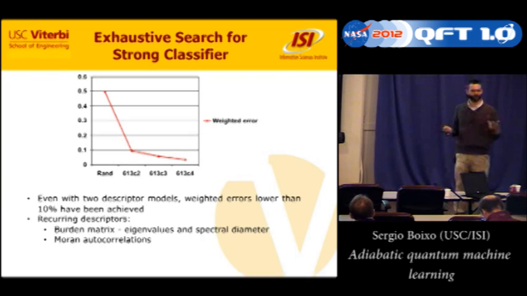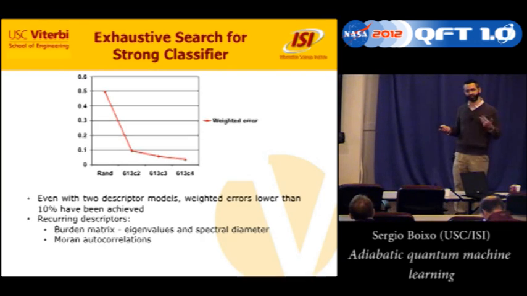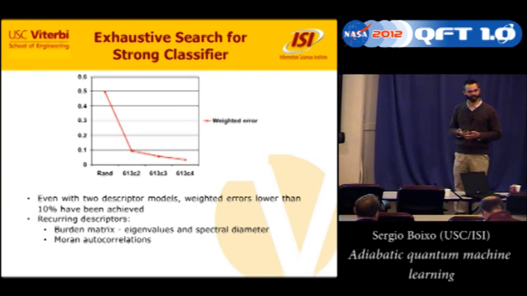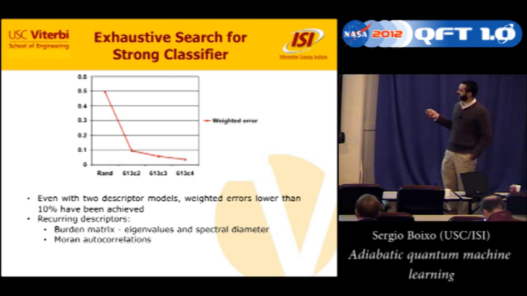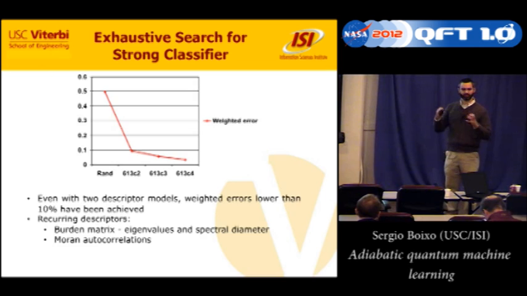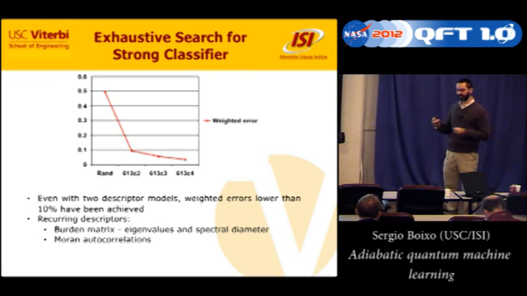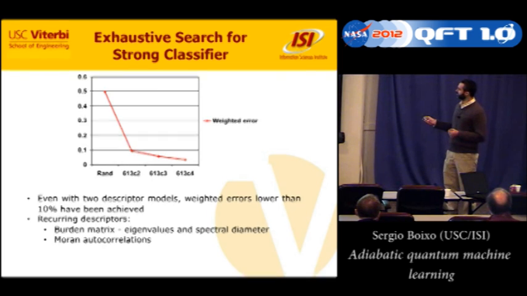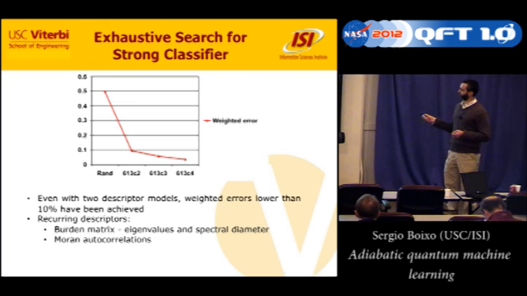It's also good to check that the numbers actually give you information that you can use to solve your problem. So the first thing we do is build a strong classifier which has only between 1 and 4 descriptors.